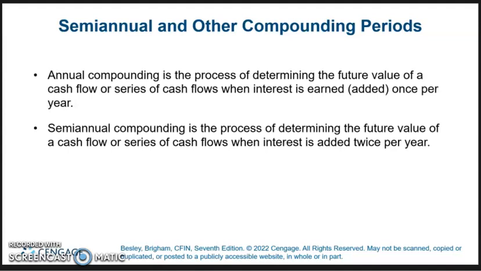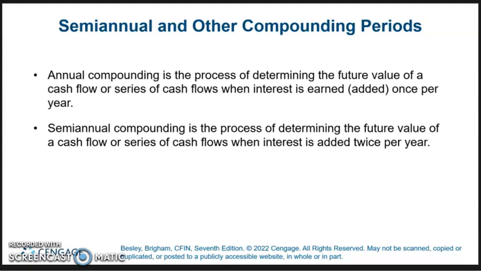Semi-annual and other compounding periods. Up until now, we've been dealing with annual compounding. Your mortgage or your car payment, if you have one or both of those, are likely computed with monthly compounding.